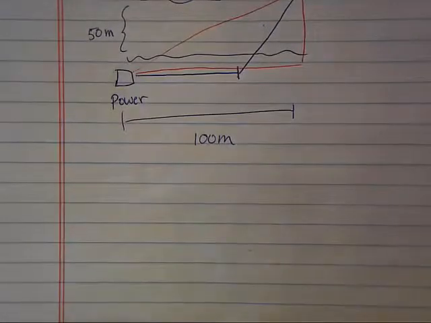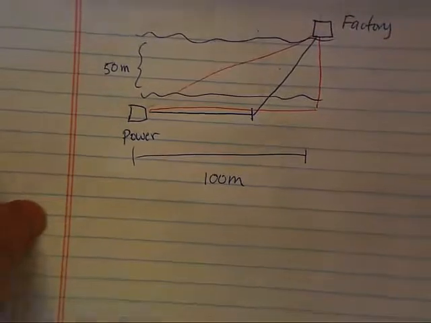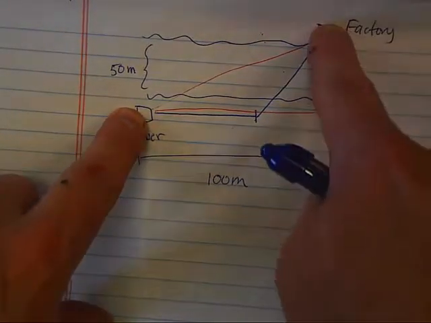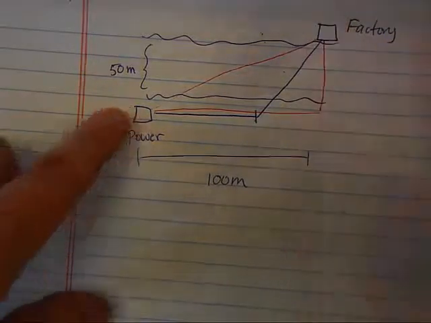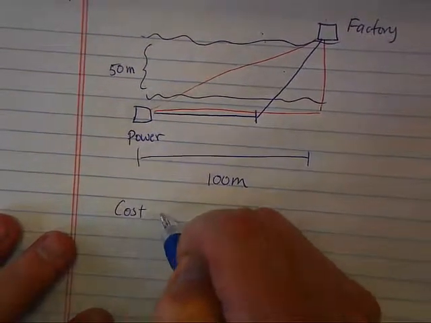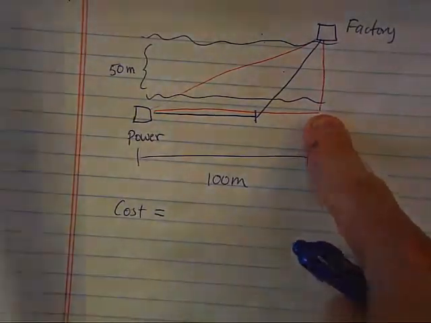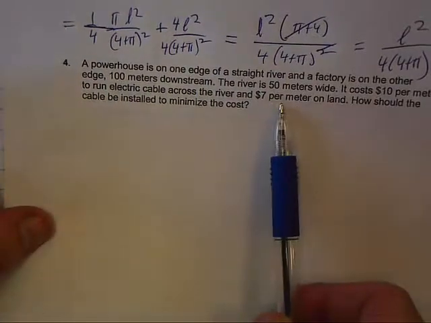Okay, so let's find some of the costs here. We'll do the easy two. Let's find the cost of going all the way down and then across. If I go all the way down, how much is it going to cost me? Well, it says it costs $7 per meter on land.